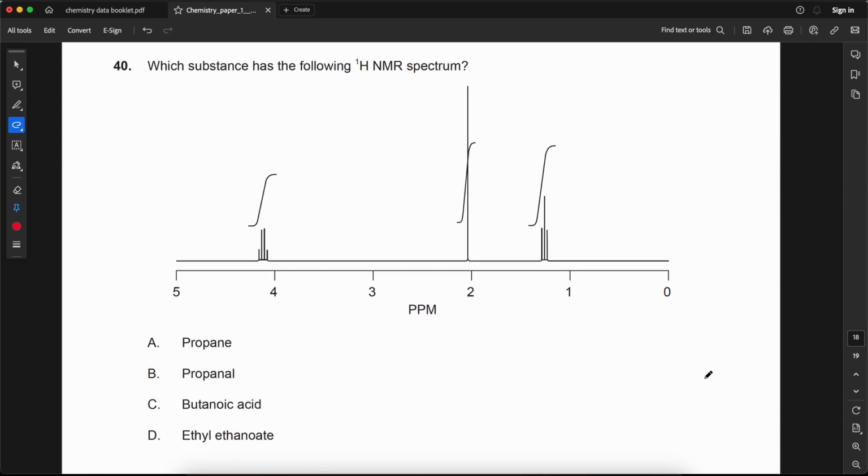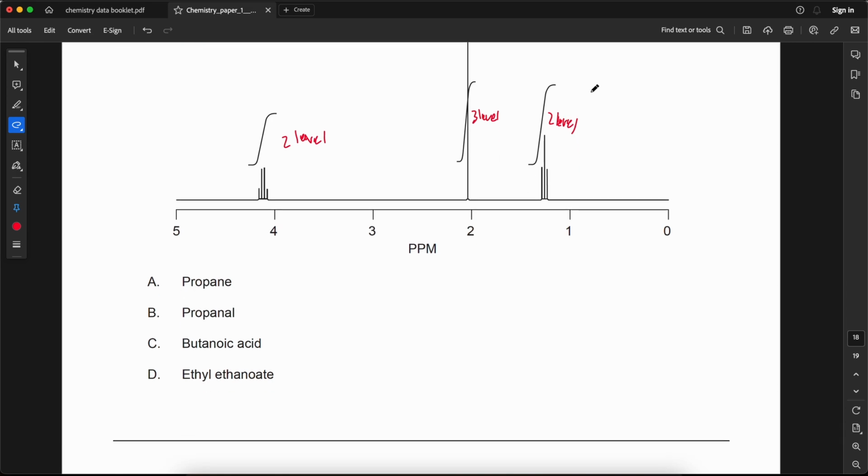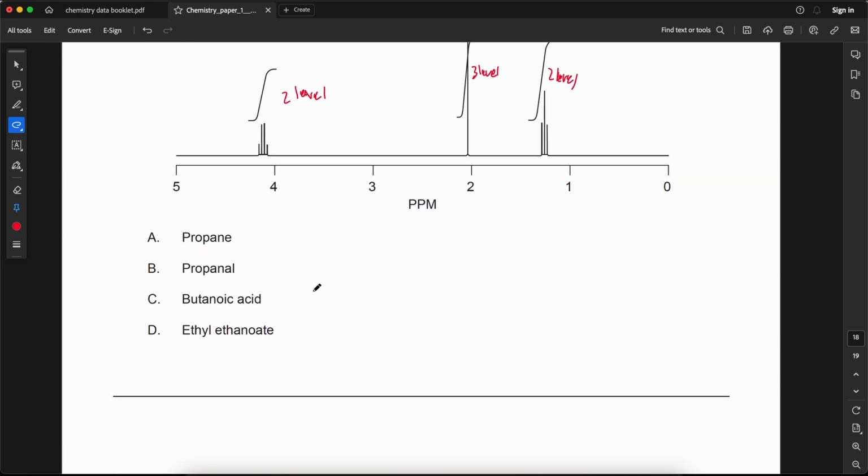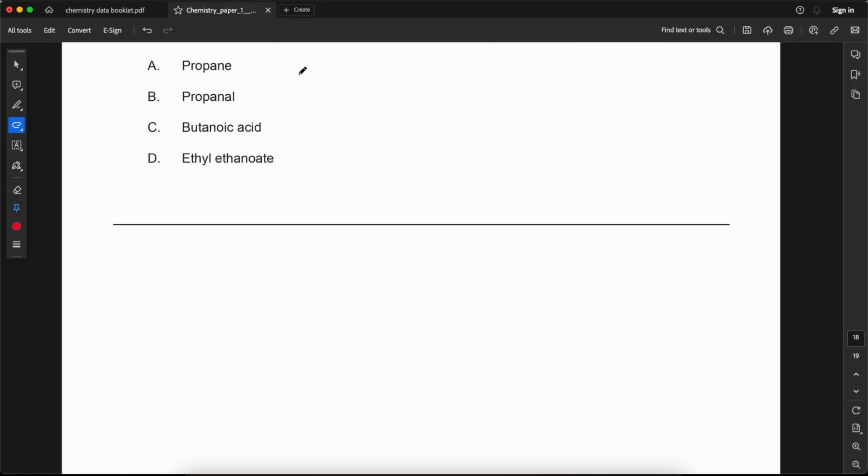Which substance has the following HNMR spectrum? You can say this is 3, and this 2, and this 2, because they're almost the same. Okay, let's draw the structure so we can see clearly why the answer is ethyl ethanoate. So for propane, it should have 2 signals, right?